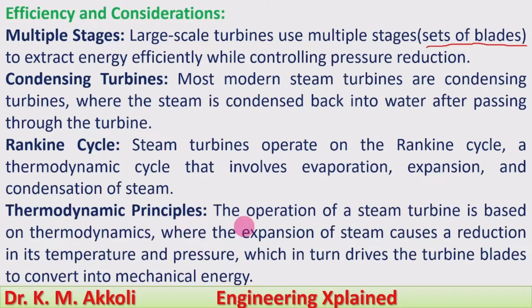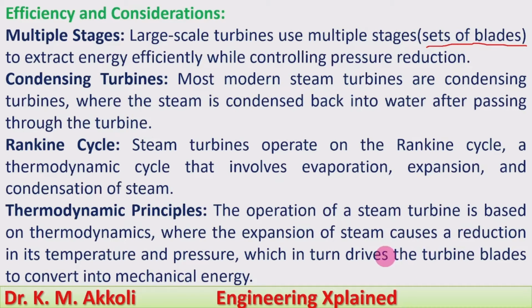Thermodynamic principles. The operation of a steam turbine is based on thermodynamics, where the expansion of steam causes a reduction in its temperature and pressure, which in turn drives the turbine blades to convert into mechanical energy. Here, one form of energy is converted into another form.